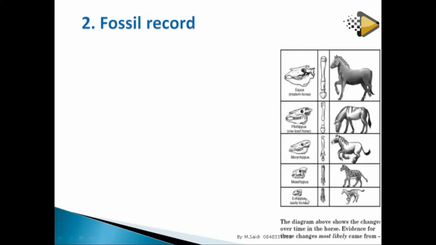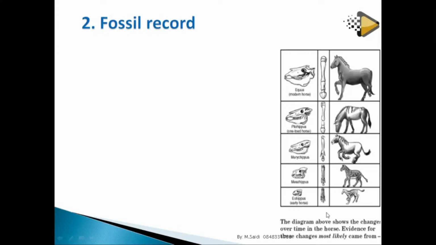If you look at this, it shows that in the layers of the earth, the lower layer will have the simplest form and the upper layer will have the more complex form. It shows evolution because of the increase in complexity from simple to complex. So it means that the simpler ones existed before, and the more complex ones existed just recently.